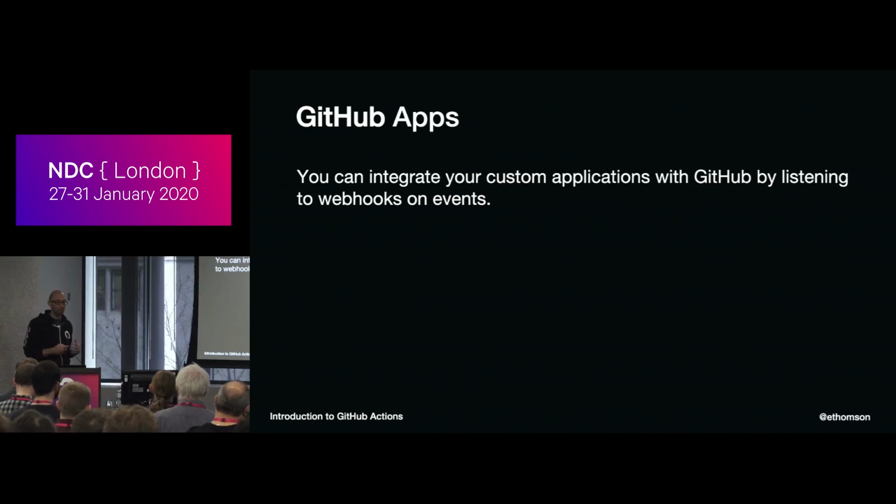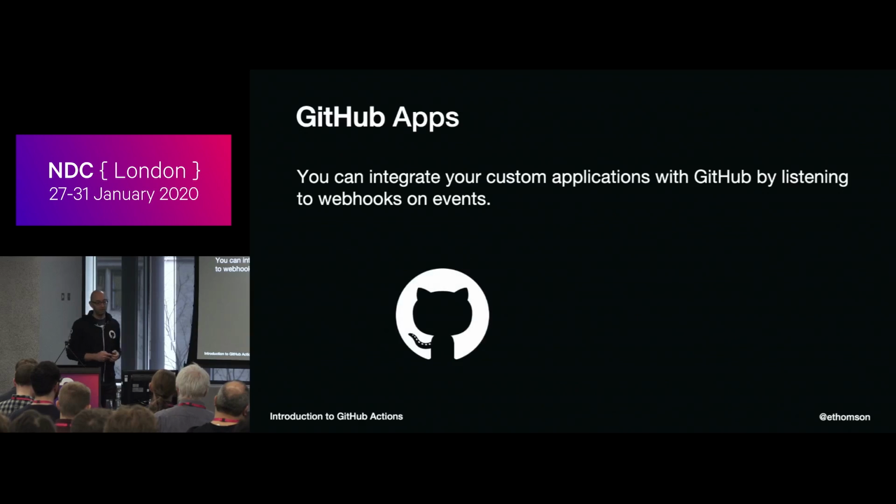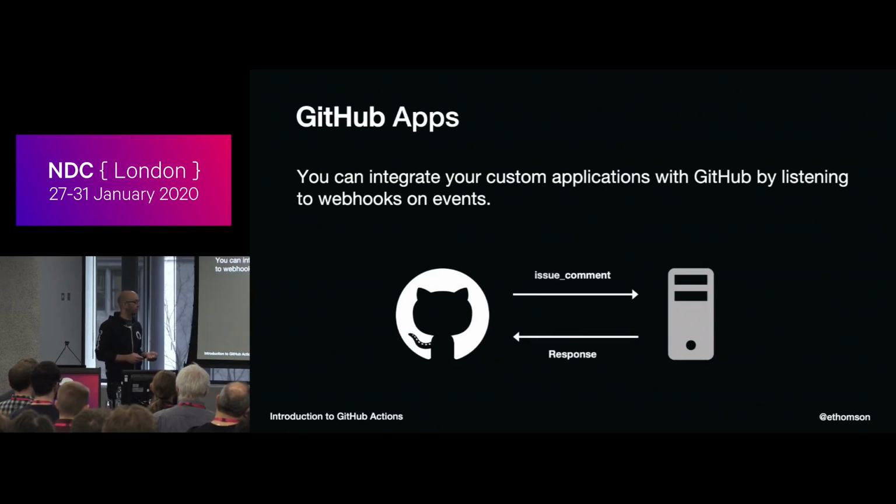And I think that was a great start, right? The problem here is that you need to bring your own infrastructure, right? So GitHub will fire you an issue comment, but you have to have a server listening, whether that's something in your data center, something in the cloud, maybe serverless, if you don't have super hardcore requirements. Maybe it's a server under a desk, right? We all know how well that works out.